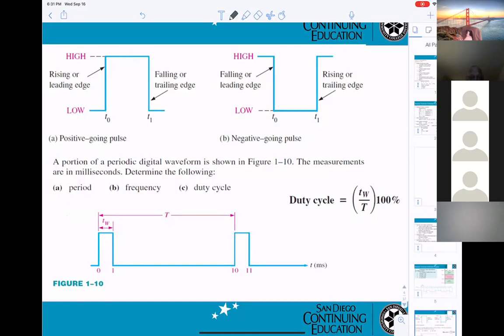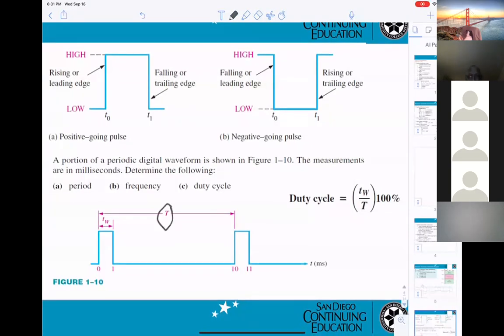That means the period, you see it right here. One complete cycle, same thing like you learned in electronics. That means period.